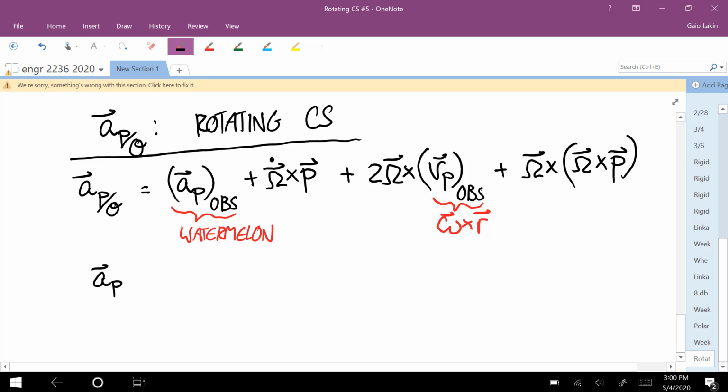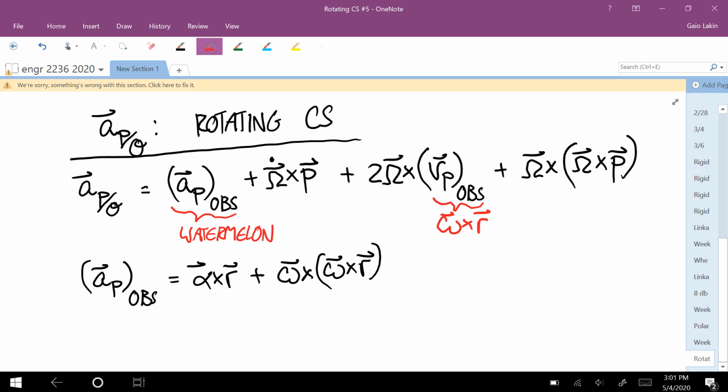So a sub p observed is the angular acceleration of the arm as observed in the rotating coordinate system, as observed by a camera that's stuck to the disk, crossed with r, plus lowercase omega cross quantity lowercase omega cross r. The arm does not have any angular acceleration, so this term goes away.